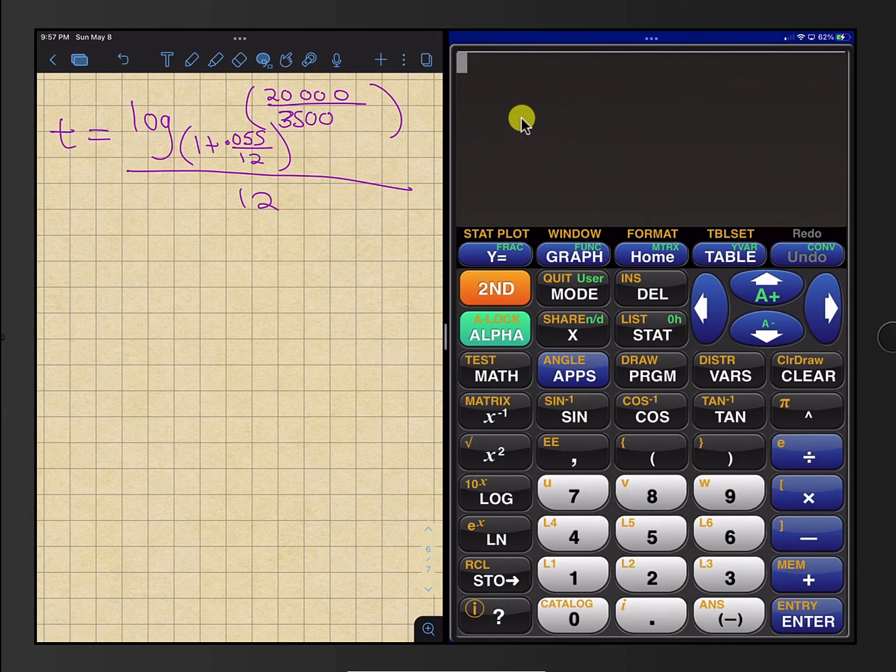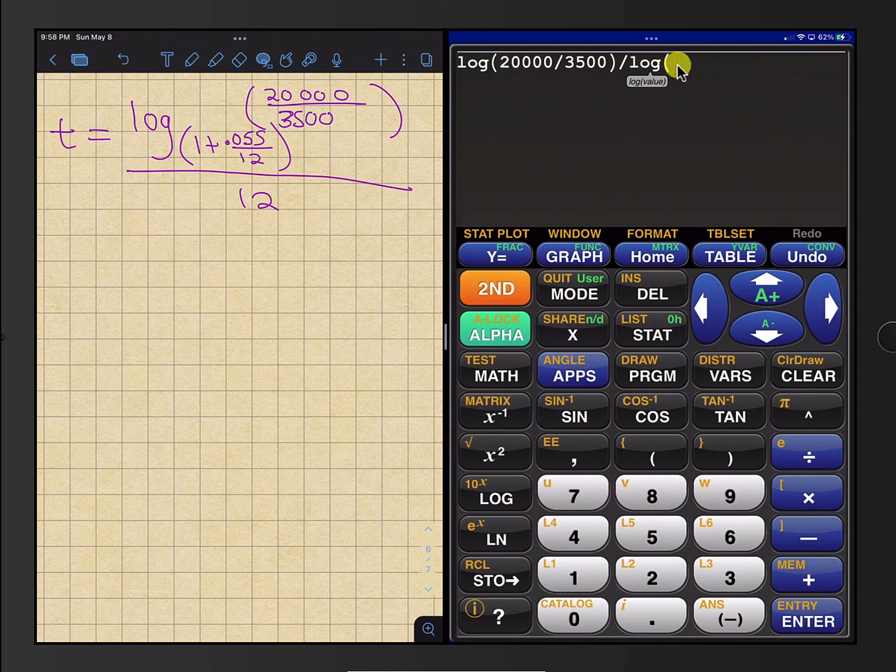All right, let's put this in our calculator, and I'm going to do this 2 ways just so we can get the practice. First, I'll do it using the change of base rule. So it's going to be the log of what's in the parentheses first, this 20,000 divided by 3,500. So let's press the log button and then type in this fraction here, 20,000 divided by 3,500, close parentheses, and then it's going to be divided by another log, and that log will be the base, 1 plus 0.055 over 12.